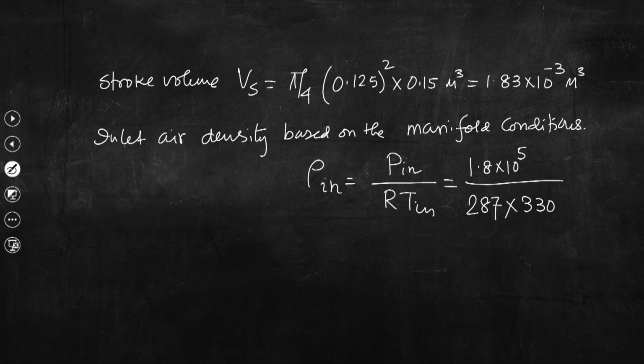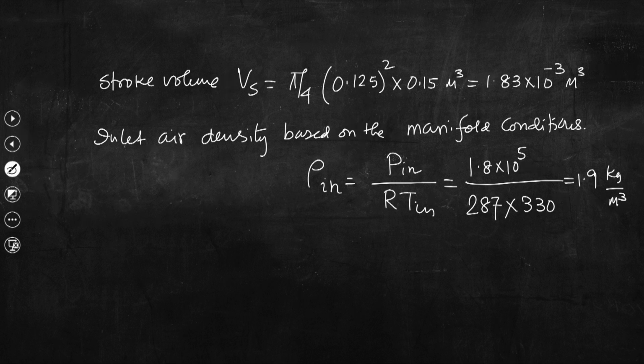Okay. So, if we calculate it is coming as 1.9 kg per meter cube. So, this is the density of the inlet air based on the manifold conditions.